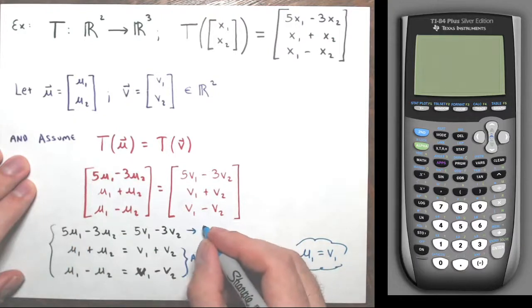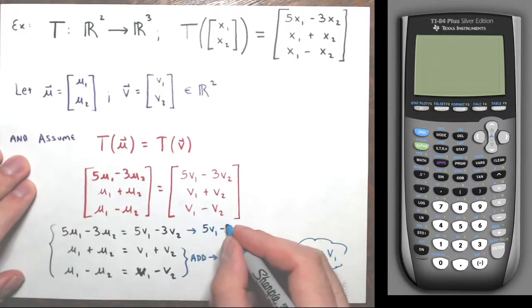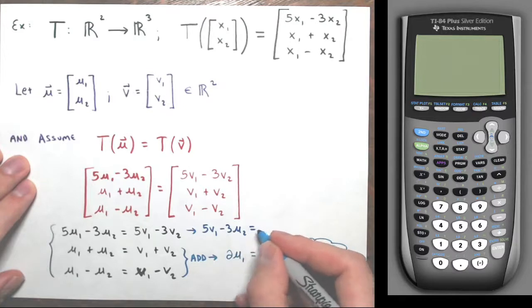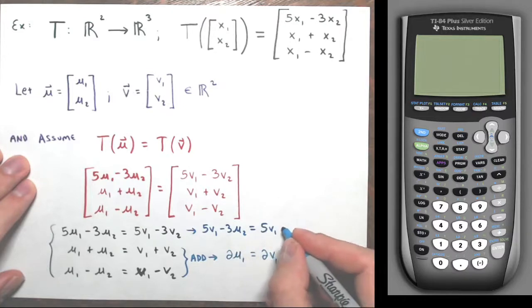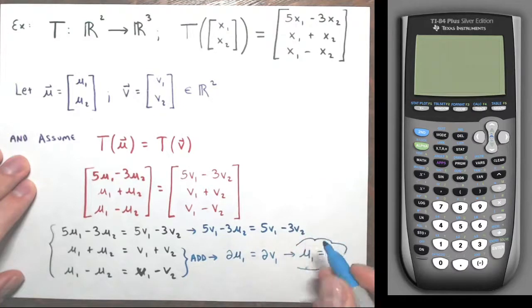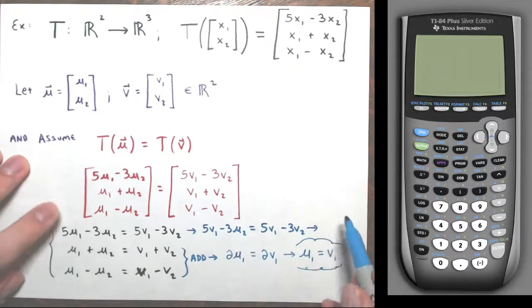So this is 5v1 minus 3u2 equals 5v1 minus 3v2. And then I can subtract the 5v1 from both sides, and then divide both sides by negative 3. Do you see how u2 would have to be equal to v2 also?